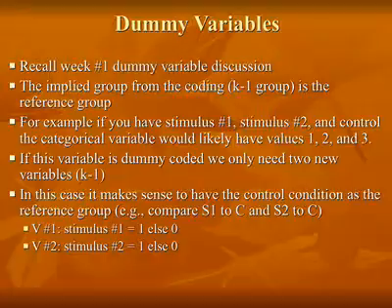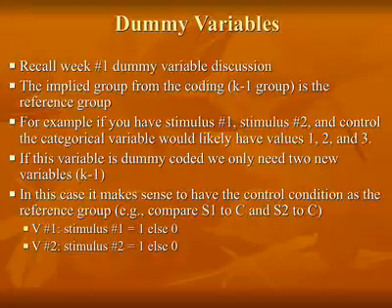And in most cases, there's a way to do it that makes the most sense, given your theory, given your context, given your study. So if this were our data, dummy-coded variable 1 is going to be everybody whose stimulus 1 is going to be equal to 1, and everybody else will be equal to 0, right?